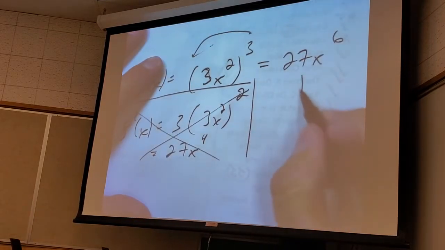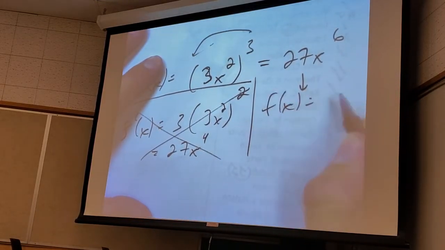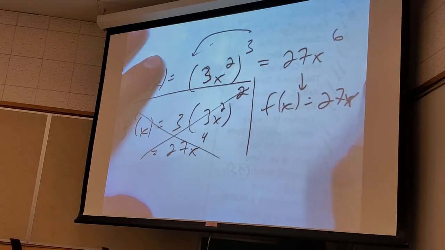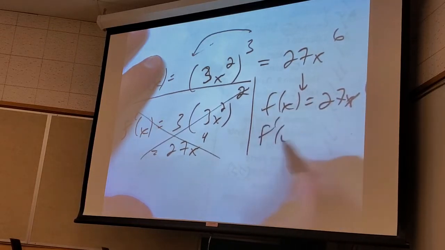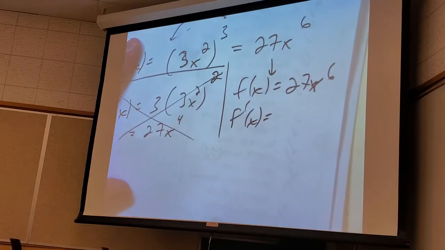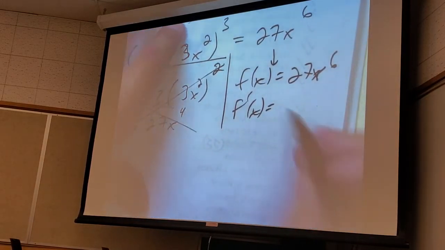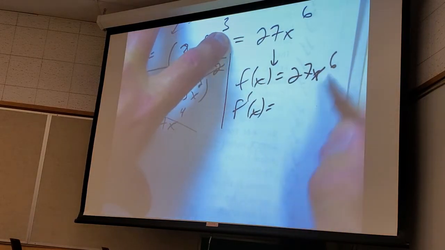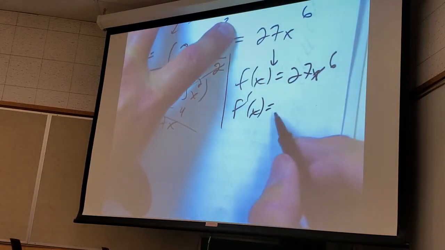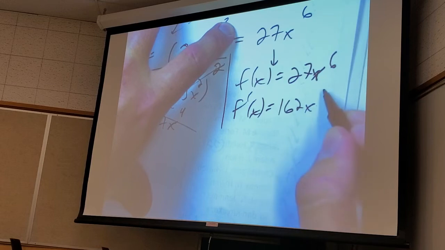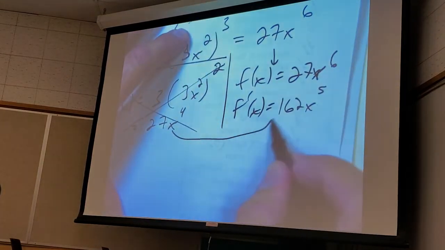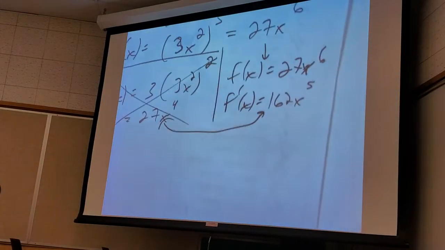So if I take this function's derivative, rewritten here, what do we get? This is the correct derivative: 6 times 27, which is 162, x to the 5th. And these are obviously not the same.